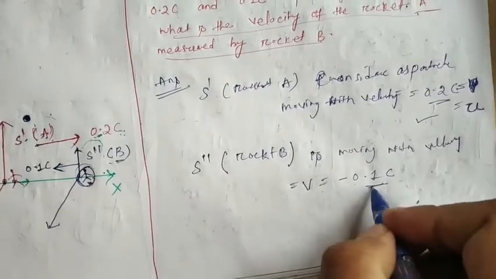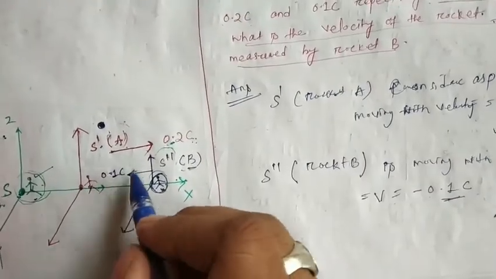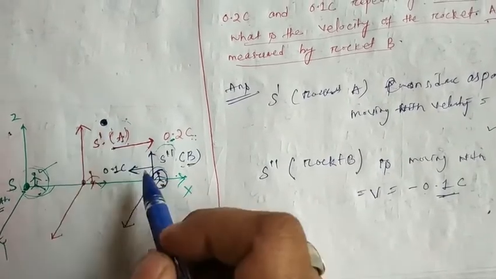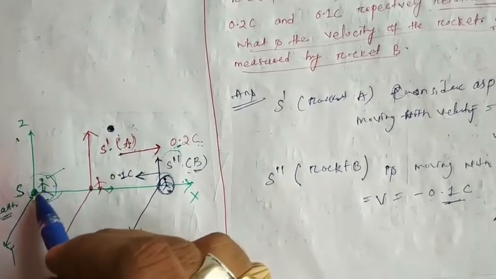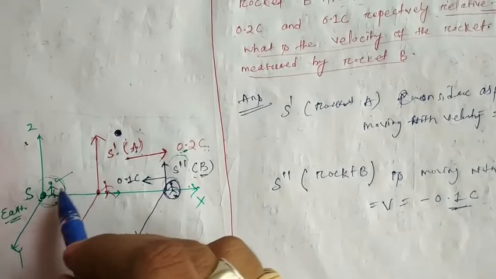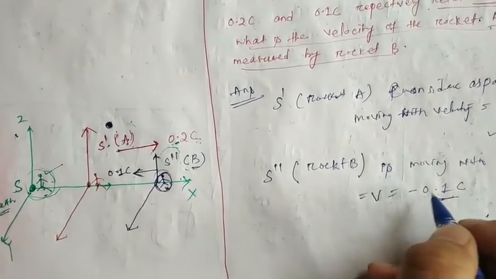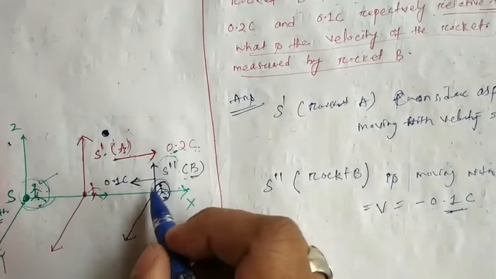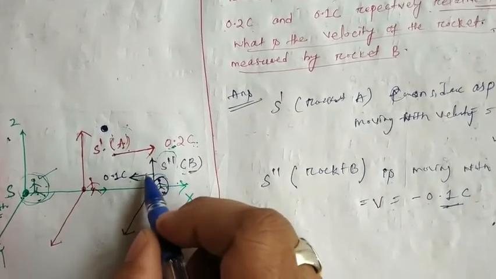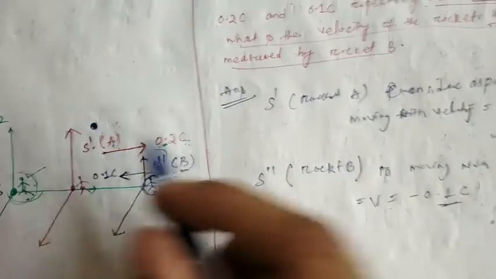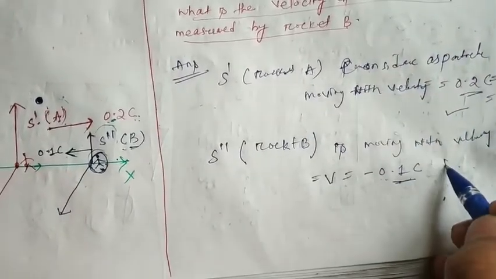Here minus 0.1 c because this velocity is opposite to this particle, that means towards this earth observer. If away from the earth observer, we can say that is plus 0.1 c, or we can say this motion is towards the negative x-axis direction. Only for that we consider minus 0.1 c.